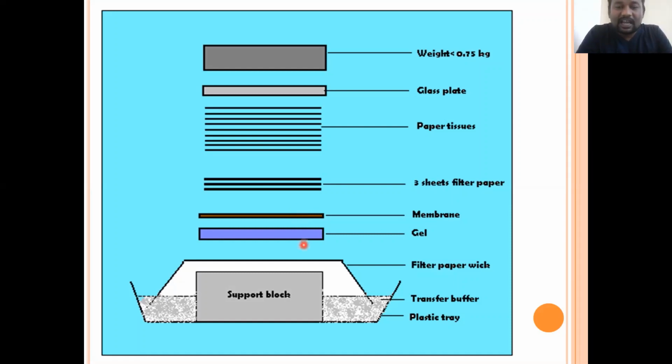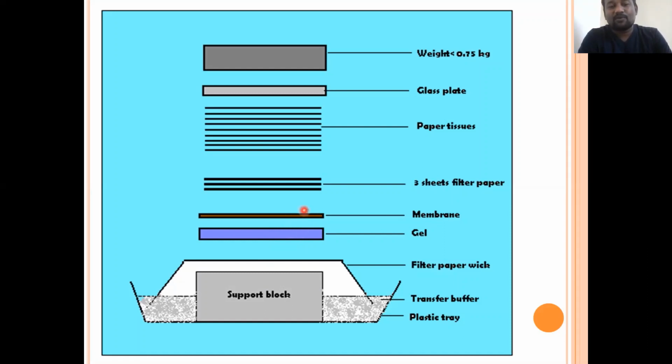Since the DNA or RNA are negatively charged and the membrane is mostly positively charged, they go and attach with the membrane. In the case of DNA and RNA detection, it occurs mostly through capillary transfer.